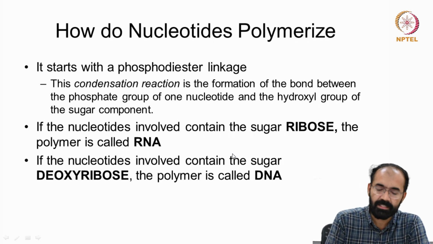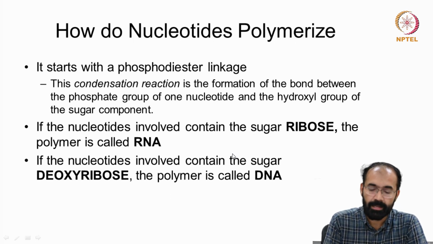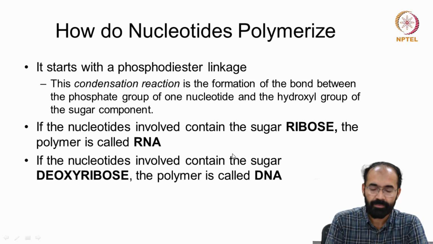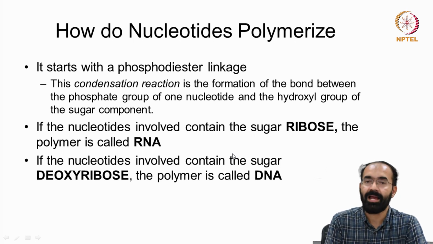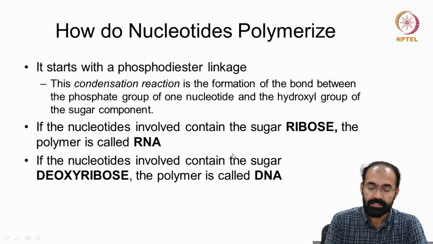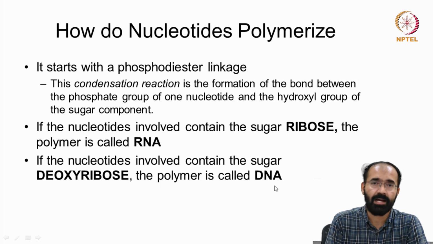If the nucleotides involved contain the sugar deoxyribose, then the polymer is called DNA. So like I told you, the ribose sugar has 5 carbon atoms, and the second and third carbons are very important. In DNA, the second carbon does not have an oxygen, whereas the third one has a hydroxyl group. The second carbon has an OH group in the case of RNA, but in the case of DNA, the second carbon has only the H. Oxygen is missing.